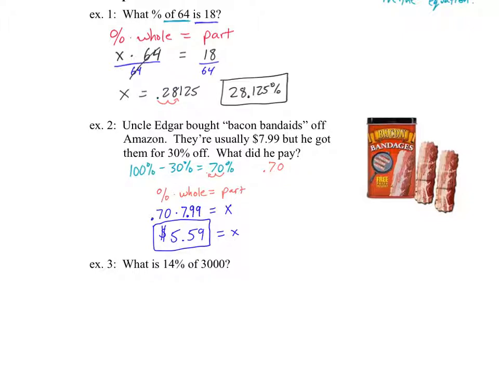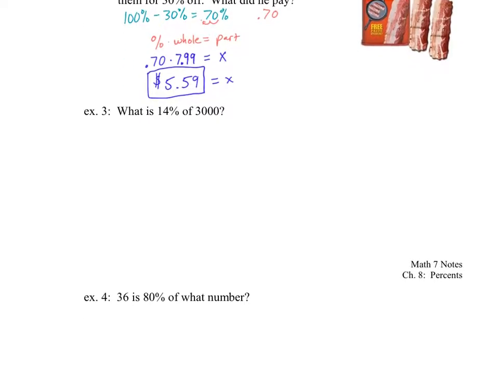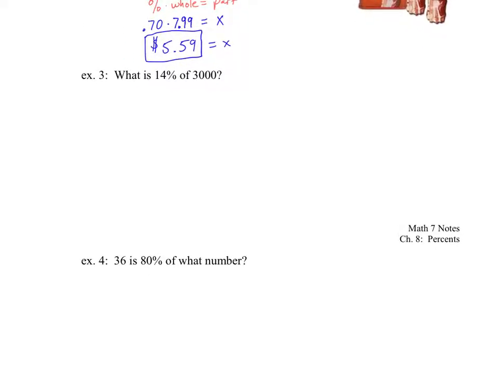All right, so one last type of question we could have here. I'm going to start by writing the equation. So percent times whole equals the part. And we have our 14%, but before we put that in, we have to move the decimal point a couple places. So I have my 0.14.